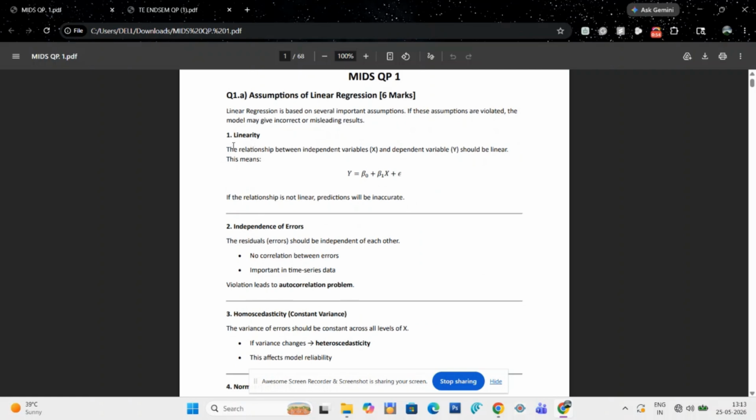The relationship between independent variable x and dependent variable y should be linear. This means y is equal to beta naught plus beta 1 x plus e, where x is the independent variable, y is the dependent variable, and e is error. If the relationship is not linear, prediction will be inaccurate.